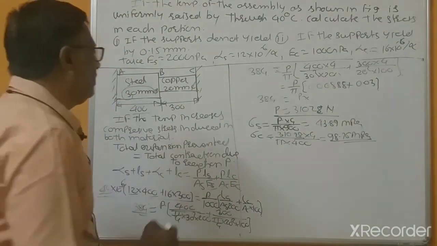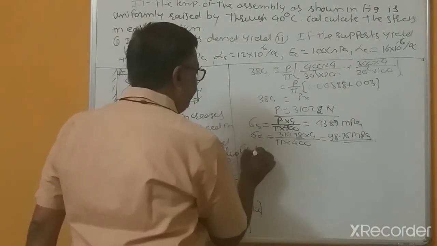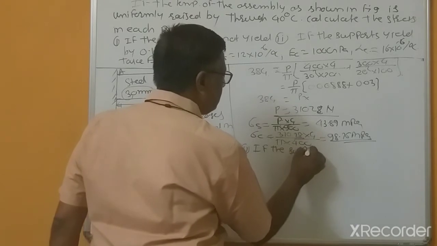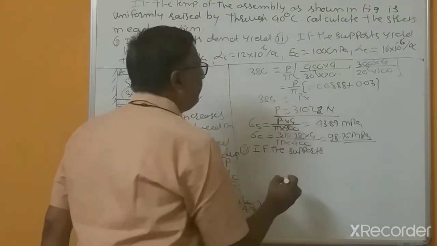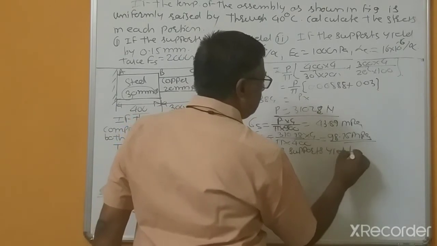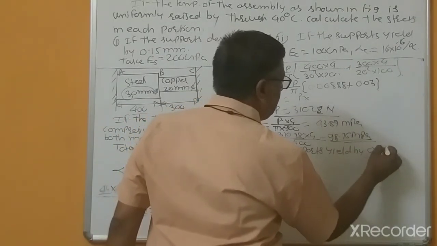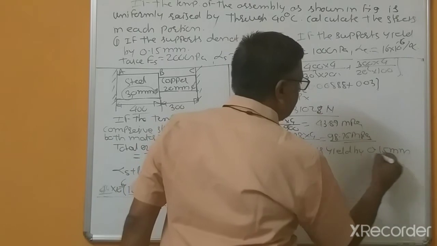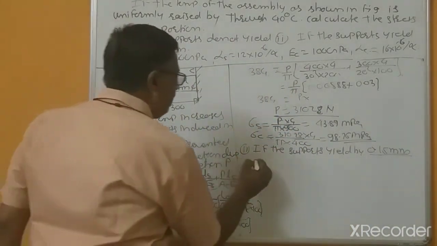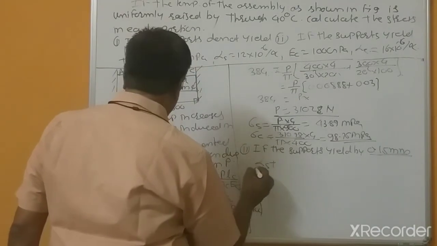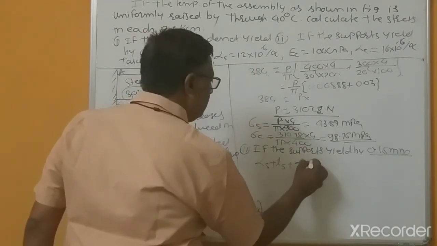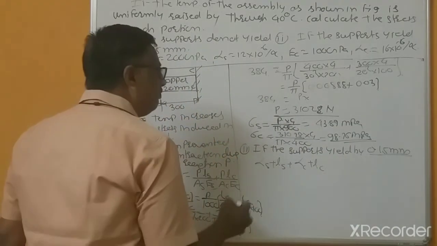So second, if the supports yield by 0.1 mm. So here, what is the meaning of this? Alpha S T L S plus alpha C T L C minus.